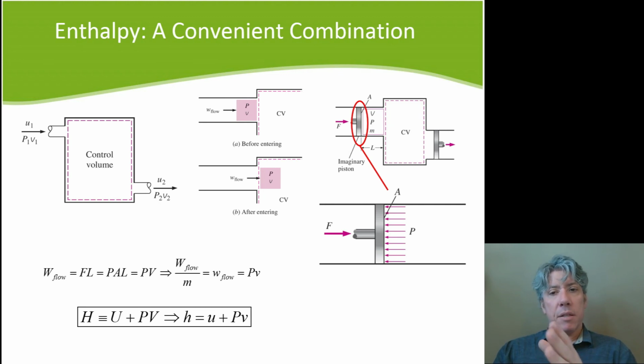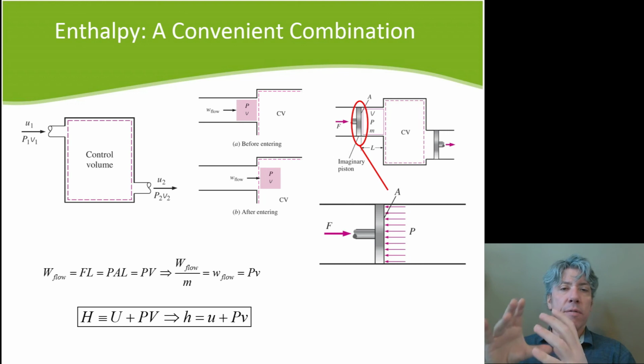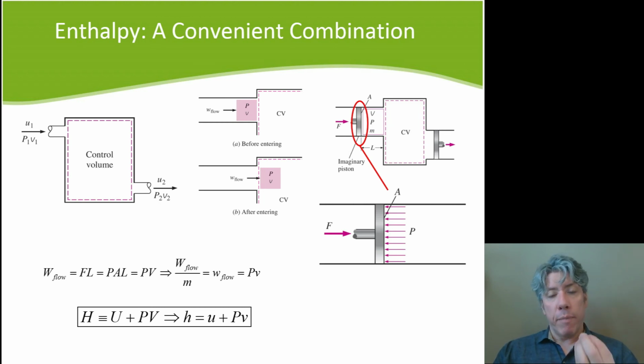Now think about this package again. That length times the cross-sectional area is the volume of the package of air, or the packet of air. So we can make the substitution that A times L is equal to V, the volume of that thing. Now, we don't usually like to talk about how much work it takes to push some arbitrary size. Rather, we'd like to talk about how much work is required to push a unit mass of air into the control volume.